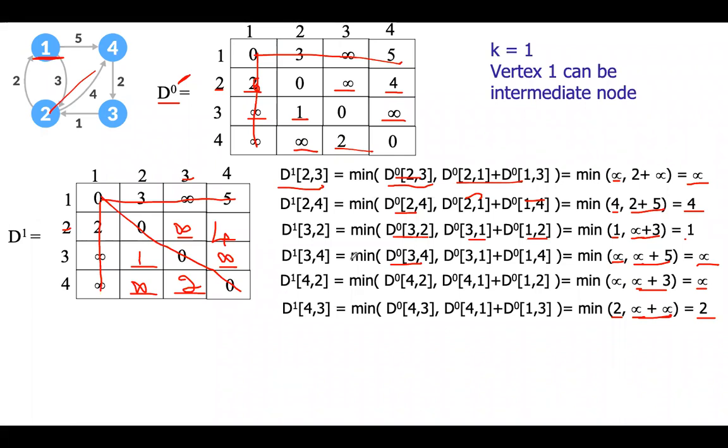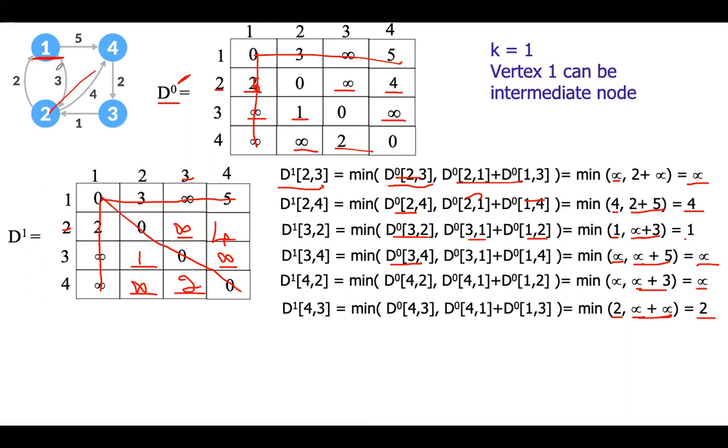See, this is not the final result. We started with D0 and we have arrived at D1, keeping vertex 1 as intermediate vertex between the other 3 vertices.